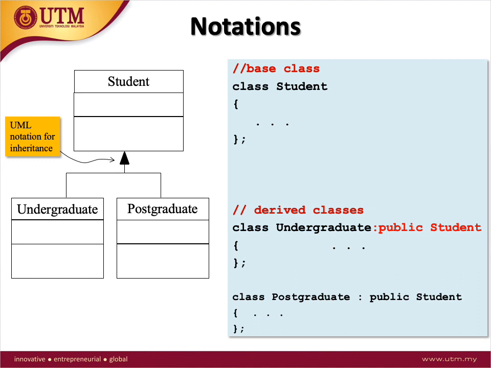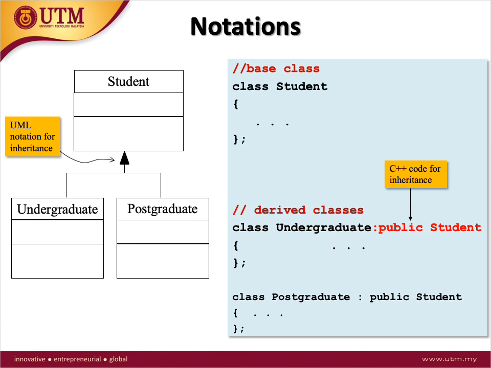For this base class, the code should be like this: class Student, and then the contents inside that class. How about the derived classes? You have two derived classes here, undergraduate and postgraduate.